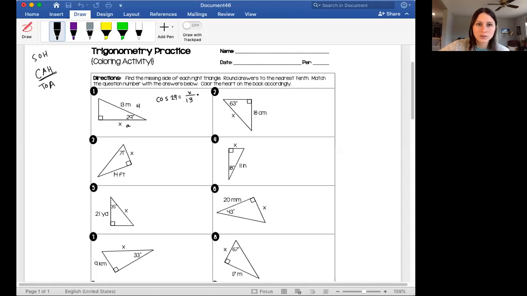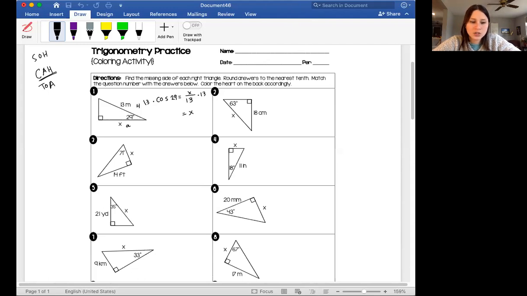Because I'm looking for x, I'm going to multiply by 13 on both sides. So when I plug this in my calculator, I'm going to plug in cosine of 29 times 13. I'll get my calculator out and plug in cosine of 29.